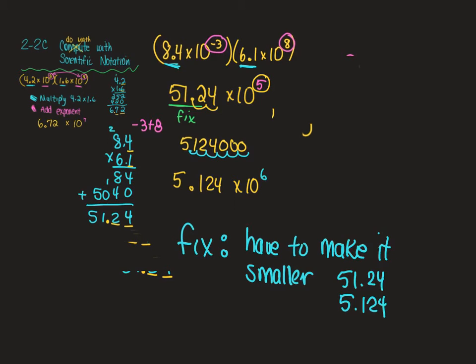Anytime I'm making it a smaller number, I'm going to have to adjust that by making the exponent bigger. If I make the numbers smaller, I have to make the exponent bigger. So I went from 51 down to 5. That's one place smaller, so I'm going to go one place bigger because I want to keep the same number. This is how to correctly do scientific notation.